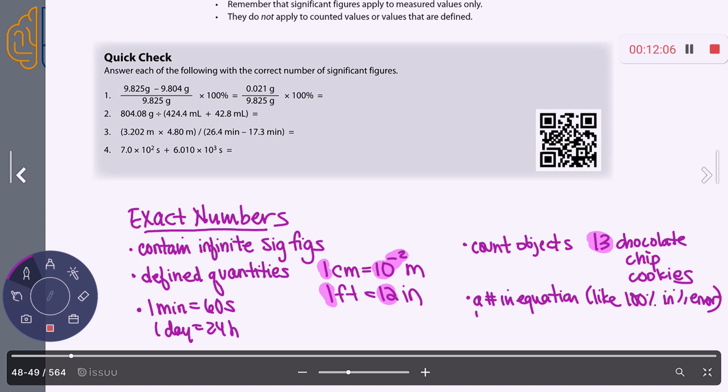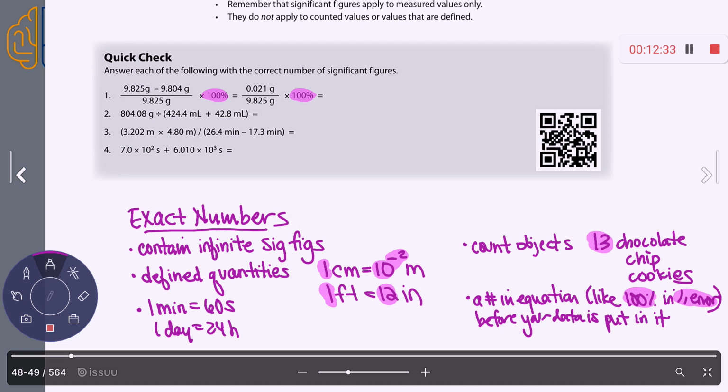When you have a number in an equation before your data is put in it, that number in the equation is exact. So the 100% in percent error is exact. Let me give you an example. Up here, this 100% is part of a percent error equation. This is a percent error calculation.